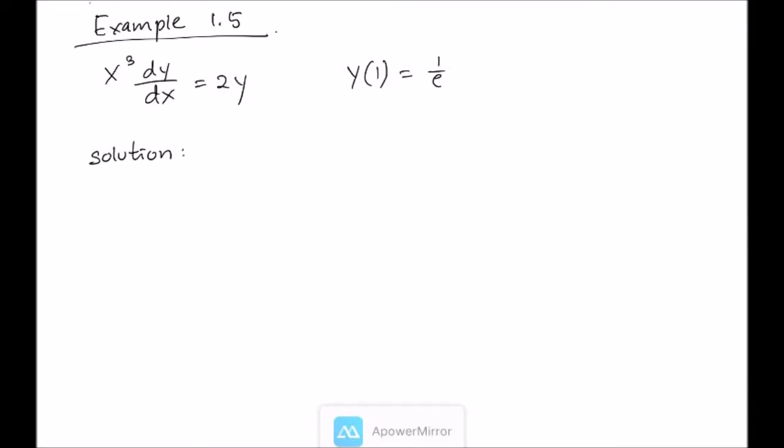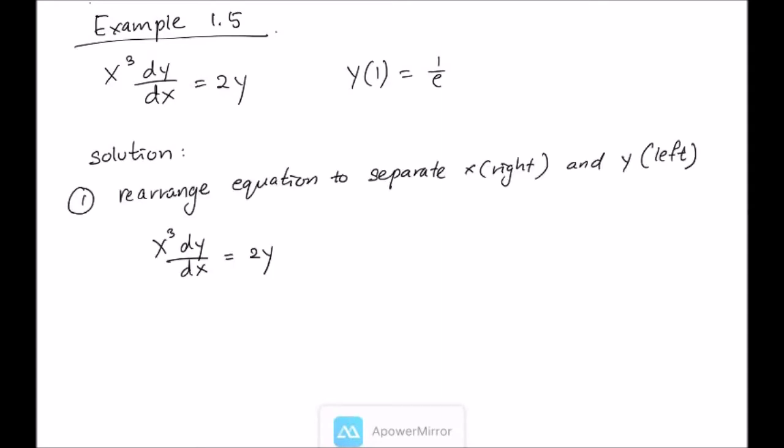In order to solve this problem, you need to rearrange the equation to separate the x and y. So you keep the x on the right hand side and keep the y on the left hand side. You bring the y to the left and bring the x to the right.